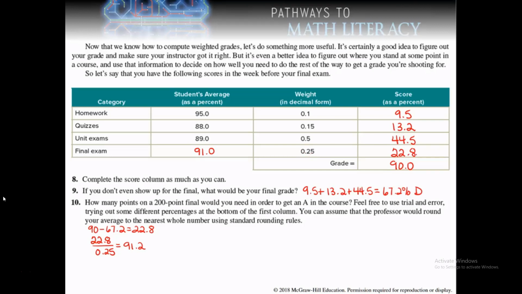So that would do it. I need a 91 on my final exam. It's a 200-point final. So a 200-point final times 0.91, because that's the percentage we need to get on that test, comes out to 182 points. So this person needs 182 points on the final to get an A.